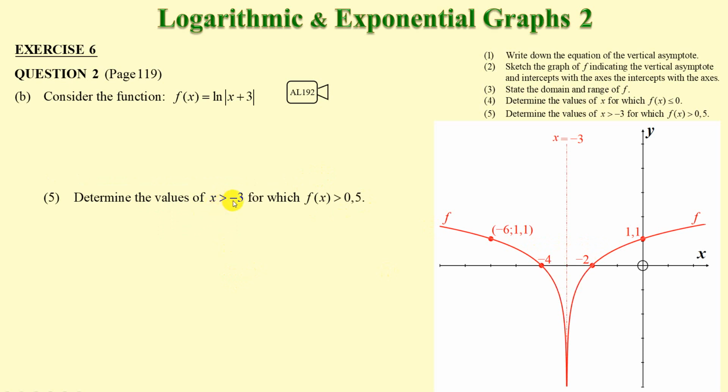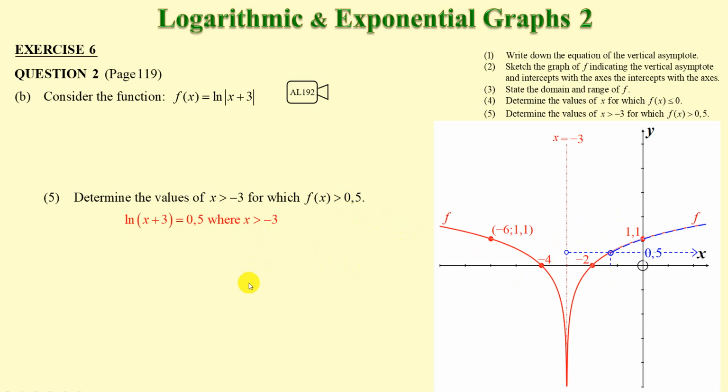Values of x greater than -3 for which f of x is greater than 0.5. So there's 0.5. We actually need to do the same thing now. We need to draw a line across. Notice I'm only going from there because it says values of x greater than -3. So we need to know that value there. Open circle, unfilled, because it's greater than 0.5. So let's solve it.